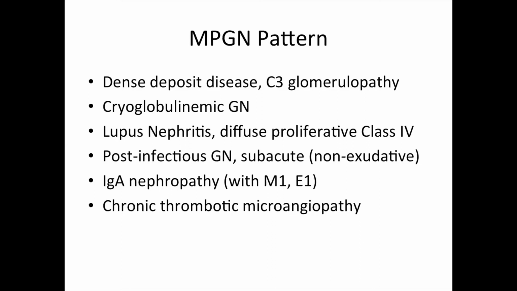IgA nephropathy بيكون عنده dominant IgA أو only IgA with lambda dominance. الchronic thrombotic microangiopathy ليش خليناها هني؟ Because with TMA you can have, in late TMA مثلا a TMA that has happened and passed, it would have injured the glomeruli وبيكون عندنا الدبل كونتور and الترام تراك في الجلوميرولار basement membrane and طبعا الIF بيكون completely negative unless the patient has other diseases.